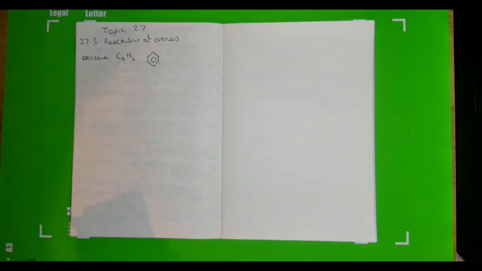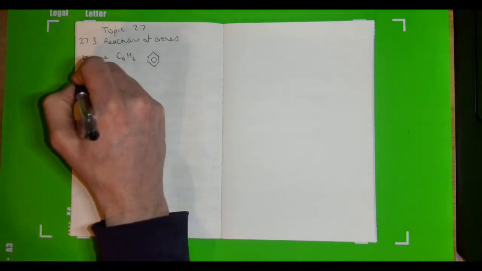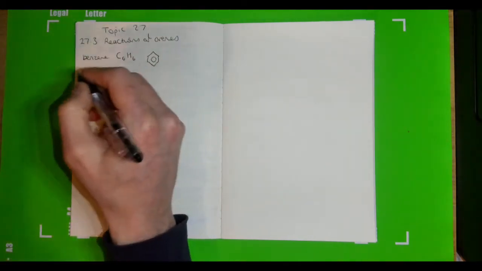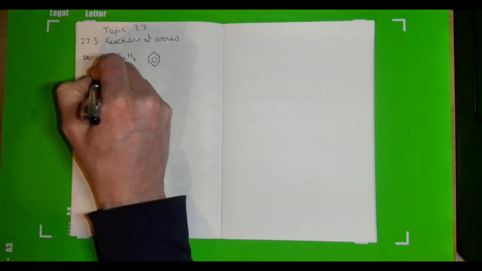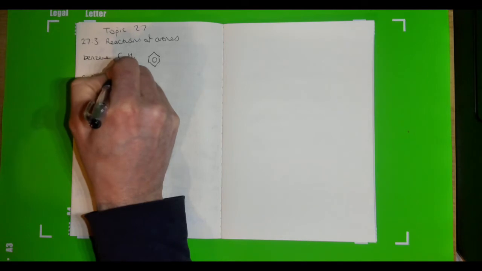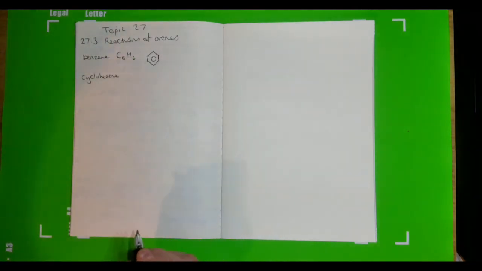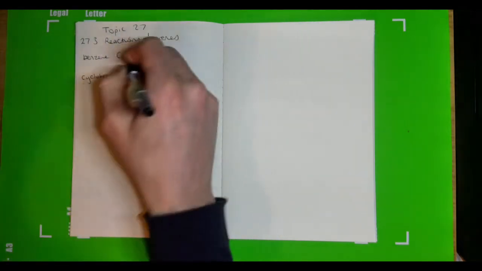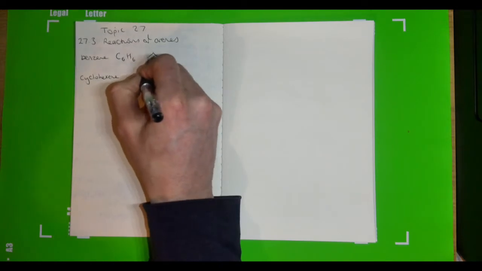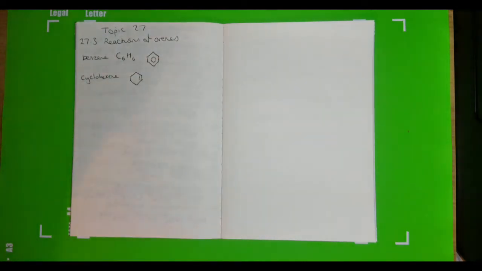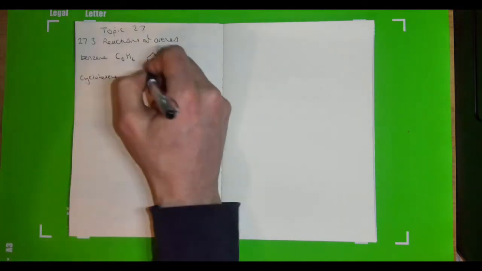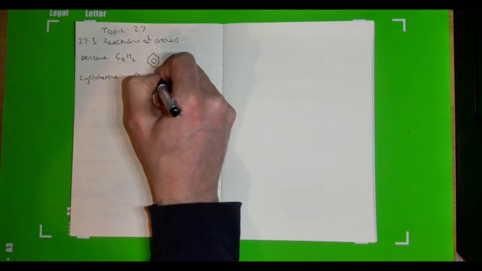Okay. And let's do the same thing, but this time let's compare it to a similar compound. What looks very similar is cyclohexene. So cyclohexene is this. If you work out the number of carbons and hydrogens in that, you'll find it's C6H12.